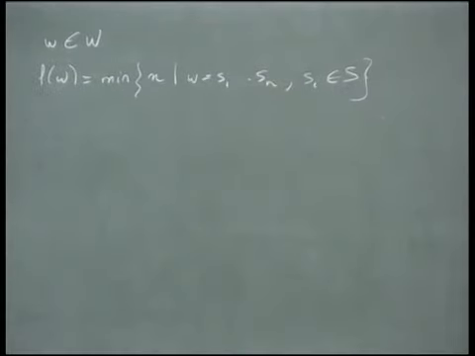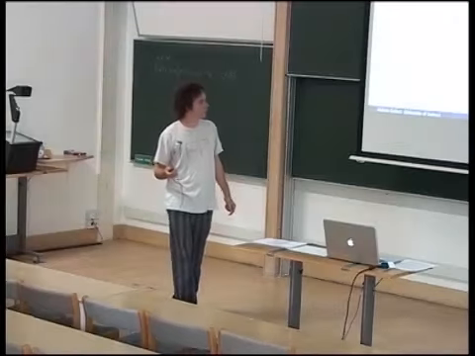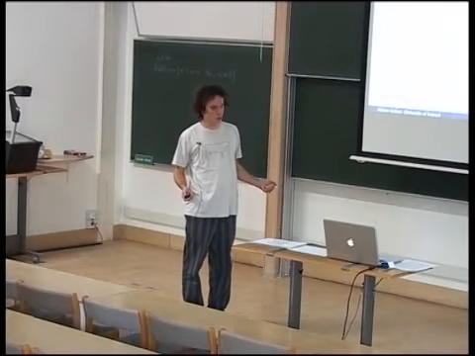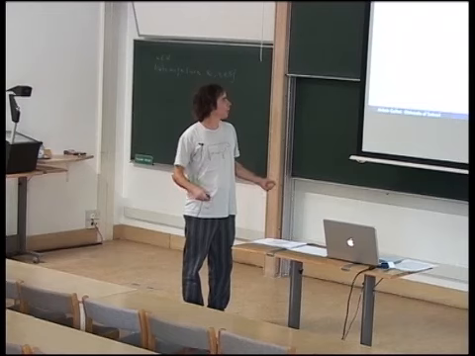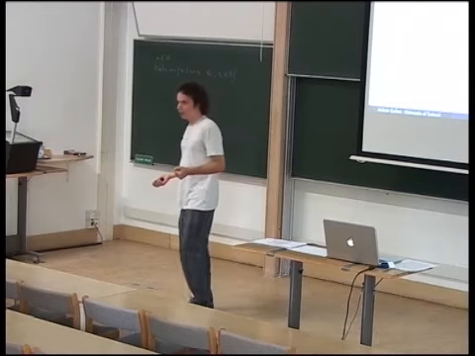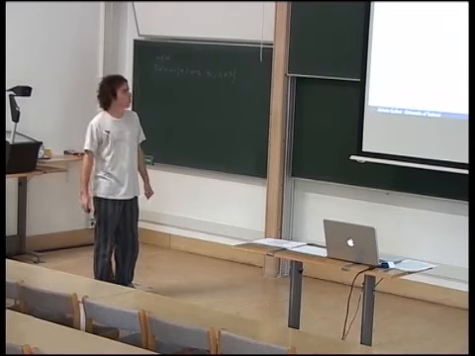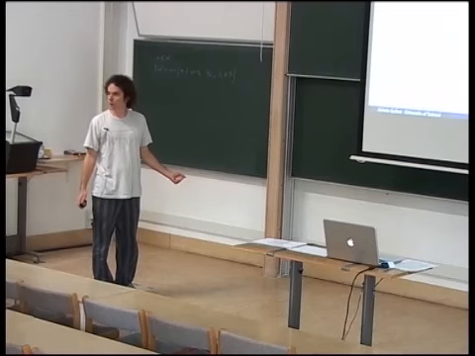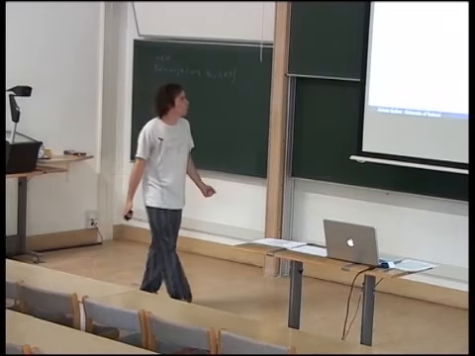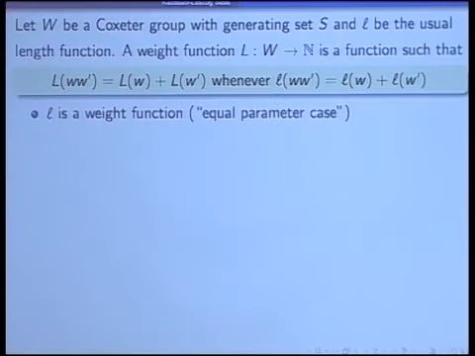But we want to work in the multi-parameter case. So a weight function is a function from W to the natural numbers, which only satisfies that the weight of ww' is the weight of w plus the weight of w' as long as the lengths add. So the first thing I can say with this definition is that, well, the length function is a weight function, obviously. So this is known as the equal parameter case.